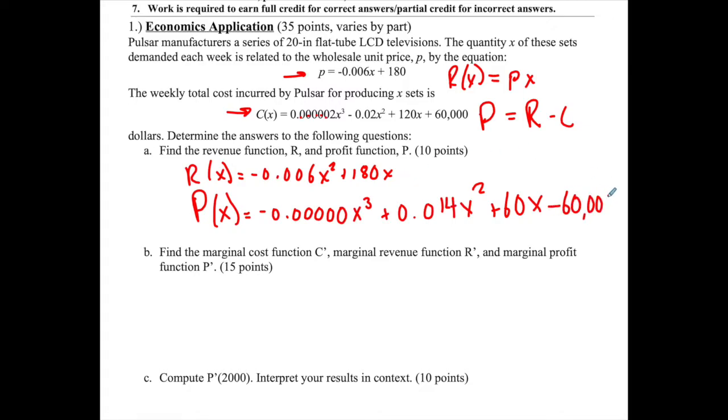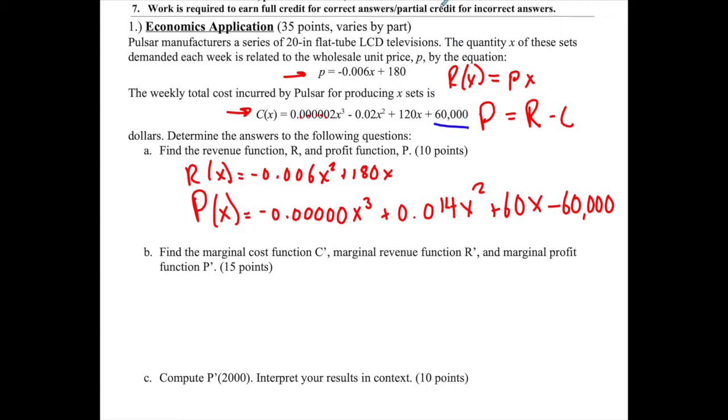Remember, this makes sense because of what we talked about with the profit function. What we know about the profit function is that if you make and sell nothing, you're going to take the hit on the fixed costs. The fixed costs are represented by the number you still pay even if you make nothing, like rent and utilities.